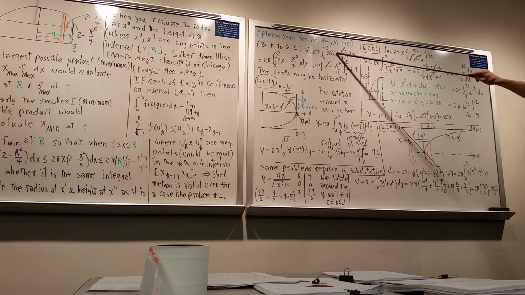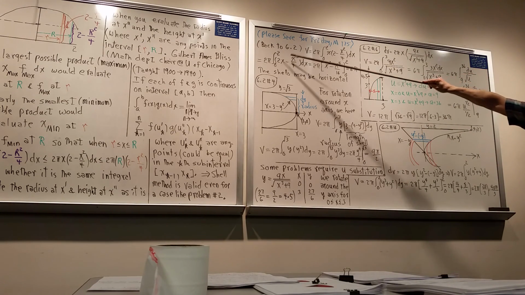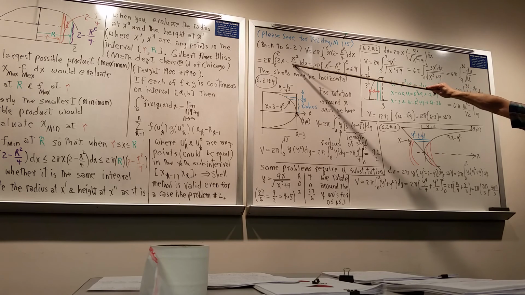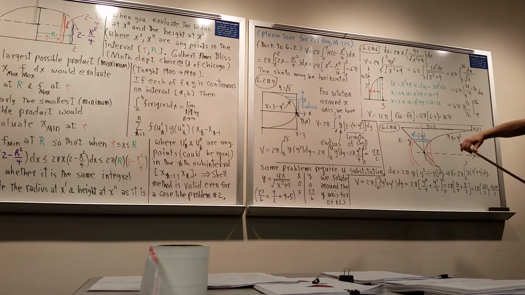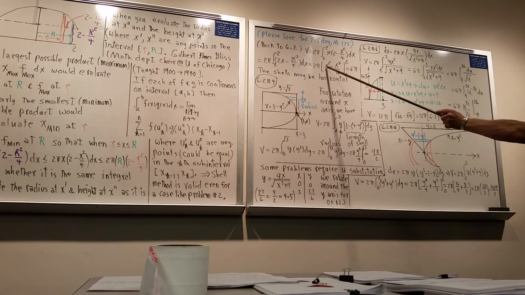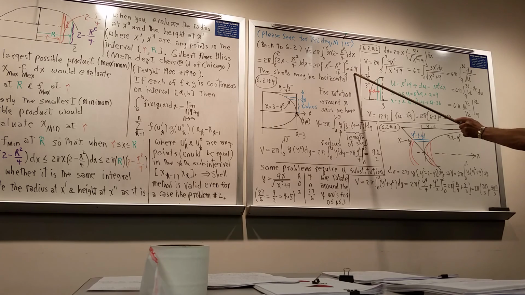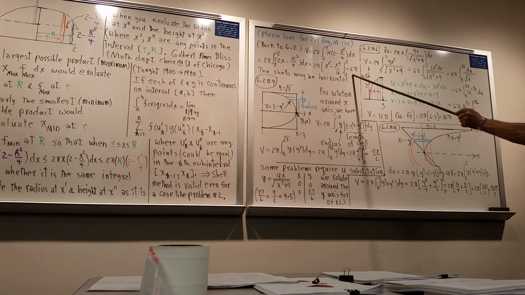So multiply by the x, and you have 2x minus x cubed over 4. And so you have x squared minus x fourth over 16, and it is 6 pi. It just so happens that problem 1 and problem 2 are the same volume.